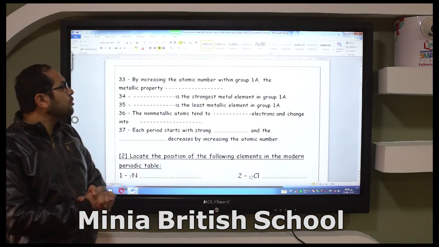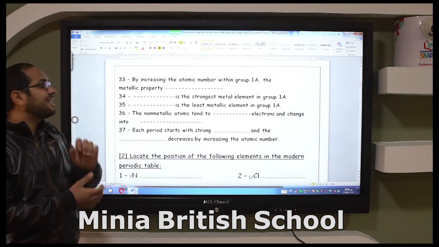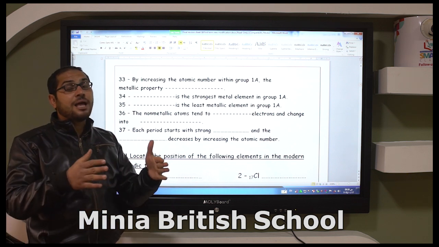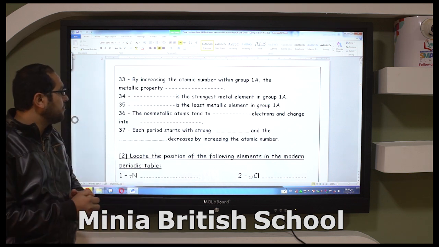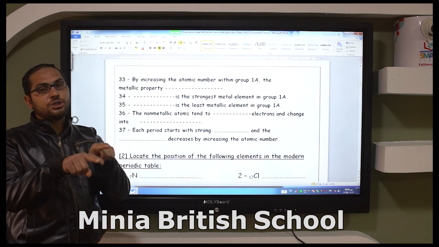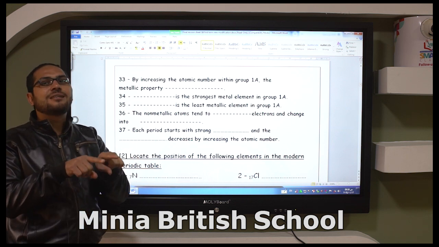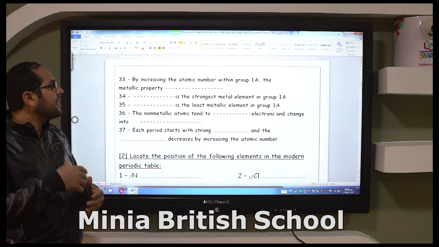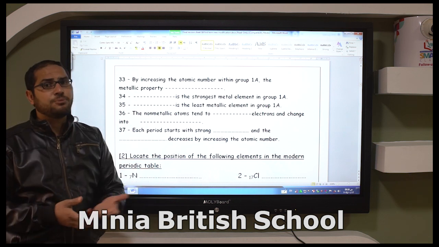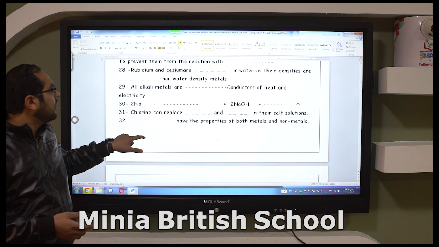By increasing the atomic number within group A, the metallic property increases due to the increasing atomic size. The relation between atomic size and metallic property is directly proportional: when the atomic size increases, the metallic property increases.